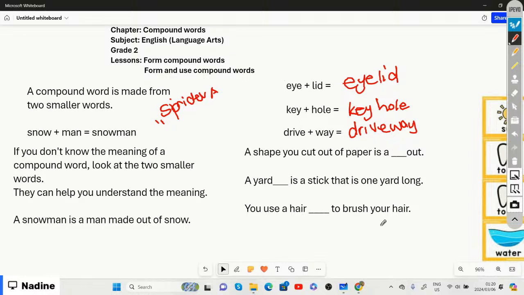So we said a shape you cut out of paper is a what out?